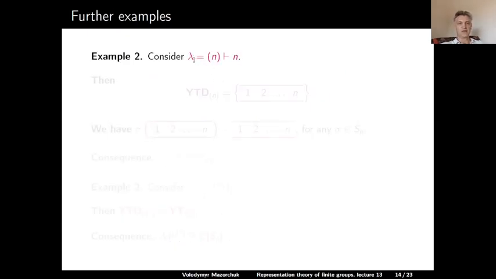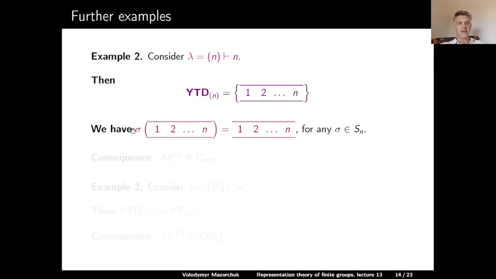Consider the partition of n which consists only of one part, n. Then the corresponding Young diagram has only one row. In particular, we have only one tabloid of this shape, because all elements are in the first row, so all Young tableaux of this shape are equivalent.